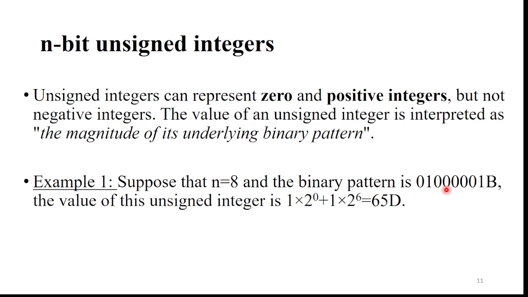So for an unsigned integer, you add up the values of the positions where there is a 1. So here we have a 1 and here we have a 1. We add 1 times 2 power 0 and 1 times 2 power 6. We get 65 in decimal. So D here stands for decimal. It means decimal notation. B means binary notation.